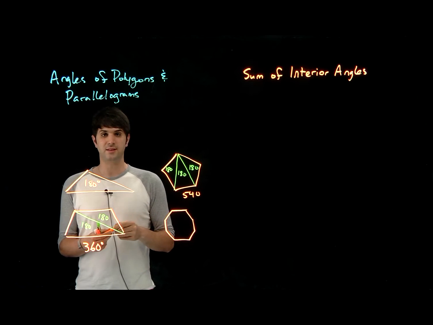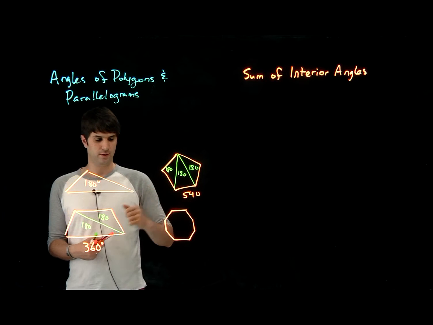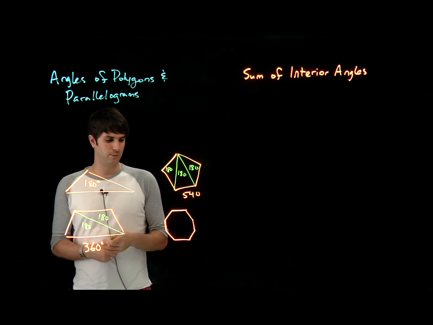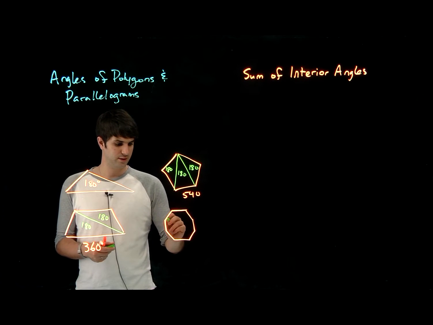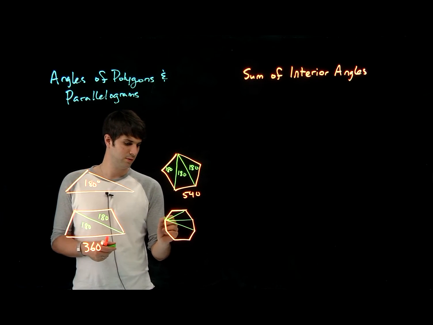Okay, so you might see a pattern here. We have 180, 360, 540. You see a pattern developing here. And basically, getting back to our octagon question, let's say we have diagonal, diagonal, diagonal, diagonal, and diagonal.